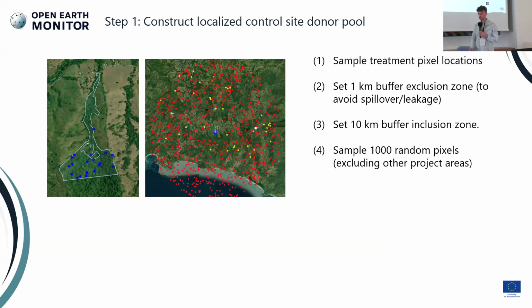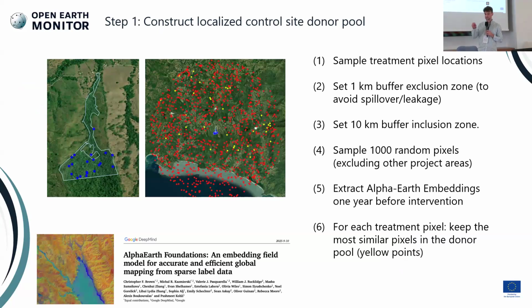And we have some exclusion buffer. And then we match these pixels sampled within the control site using the AlphaEarth embeddings to find pixels which are very similar to the ones in the treatment sites one year before intervention. So we are restricted to interventions now from 2018 onward.